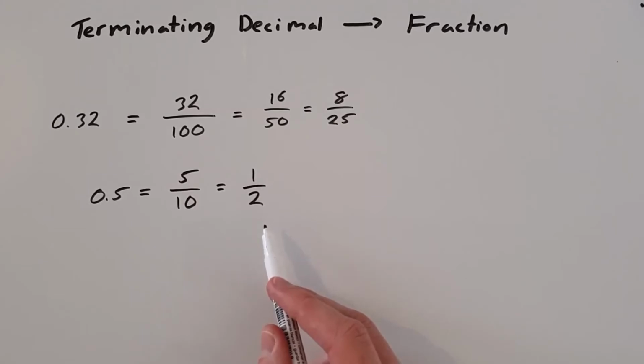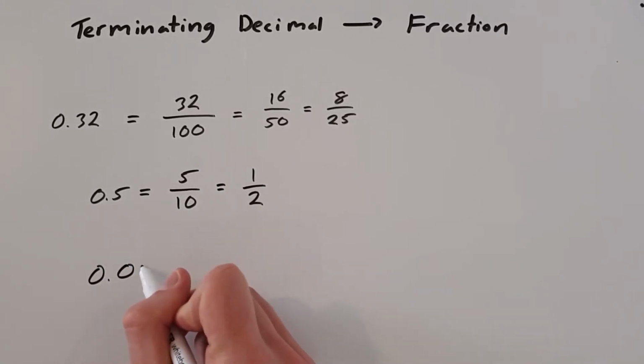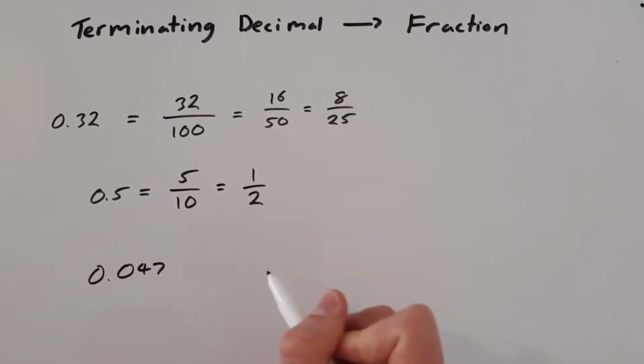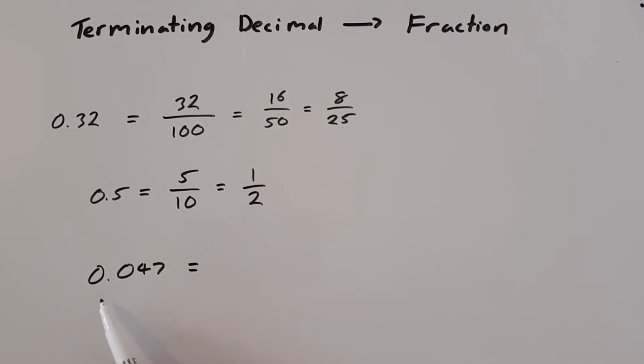A slightly trickier example of this then would be if you had a decimal such as 0.047. Okay, so this time do not get thrown off by the zeros after the decimal point. These still count as a number. So what you want to do is count again how many numbers there are after the decimal point. So decimal point's here, and we've got 1, 2, 3.